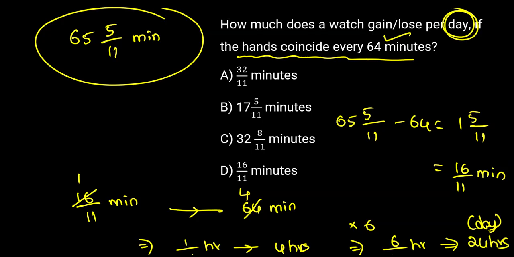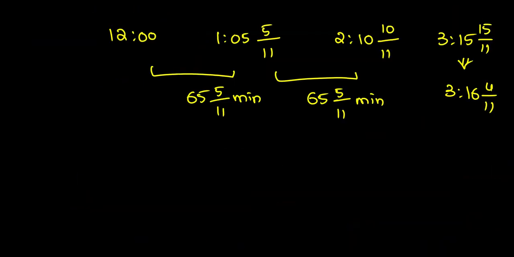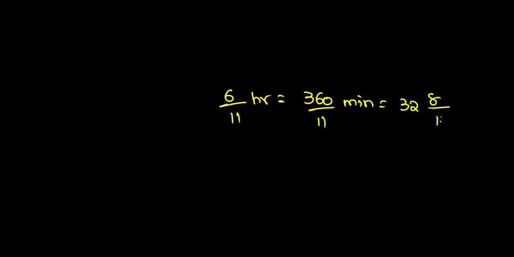You can see the options are in minutes. So 6/11th of an hour is nothing but 360 divided by 11 minutes, which is 32 8/11 minutes. So you are losing 32 8/11 minutes in a day because of this faulty watch.